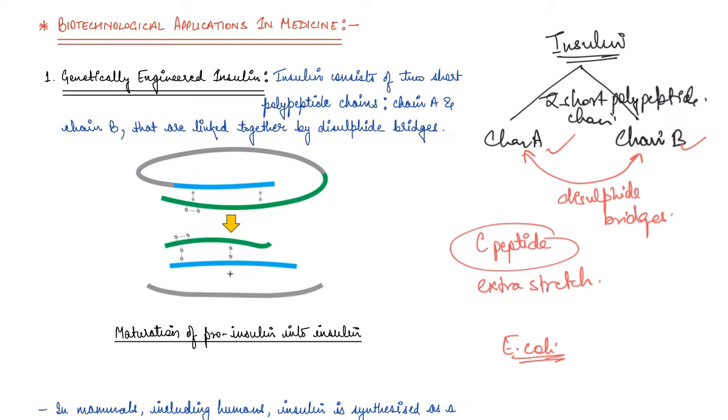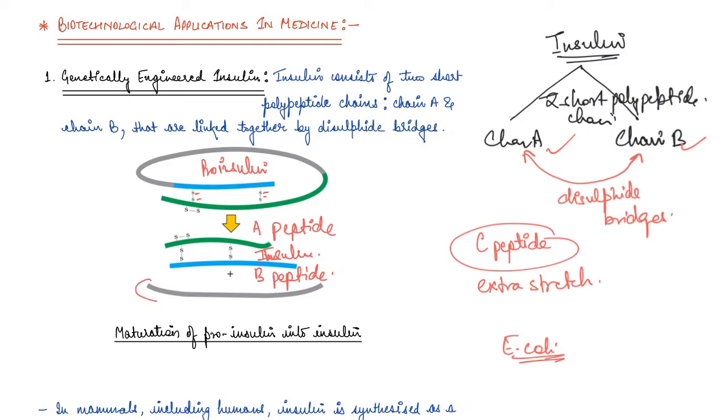If you see the diagram here as well, this is the chain of proinsulin. This is the proinsulin chain, and you can see the disulfide bonds as well, right? This is the A peptide, and this one is the B peptide, and this is the insulin, two chains joined together.